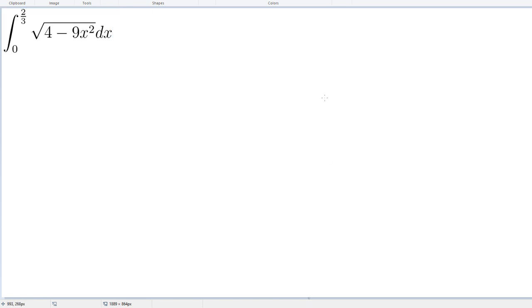Okay. So with this integral here, we have this type of integral where the x squared is here and some constant is here. So what trig function do we use? Let x be using sine. We're going to be using sine as our substitution.